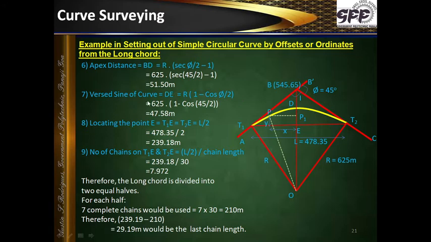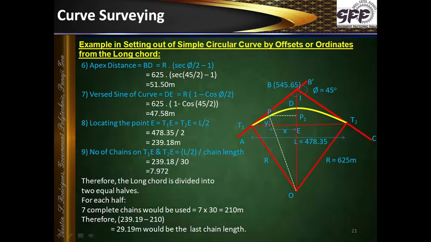Versine of the curve DE is R into 1 minus cos phi by 2. So R is 625 into 1 minus cos of 45 upon 2. So that comes equal to 47.58. So length DE is 47.58 meters. So that has been calculated.